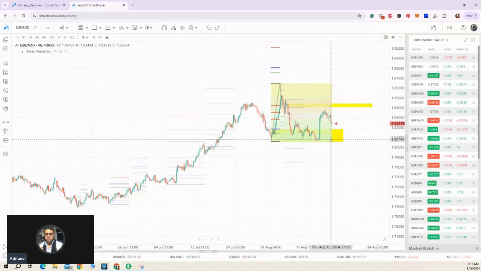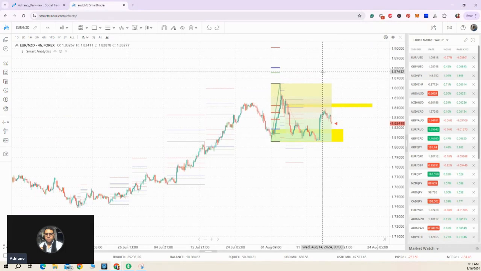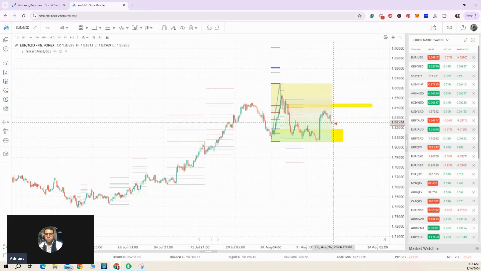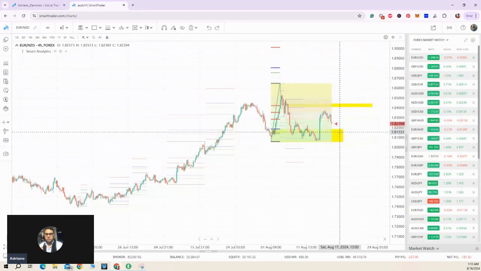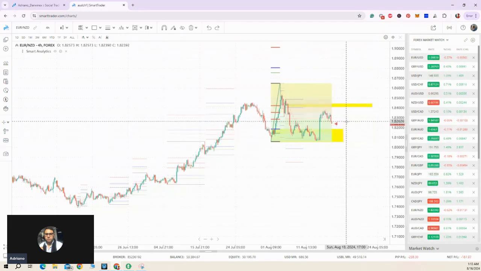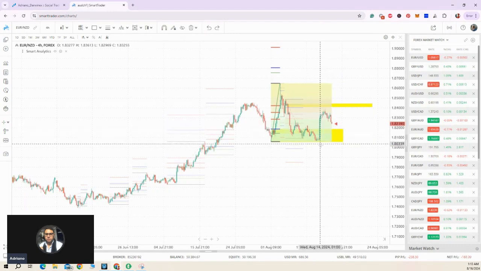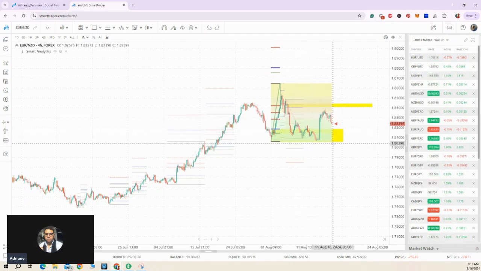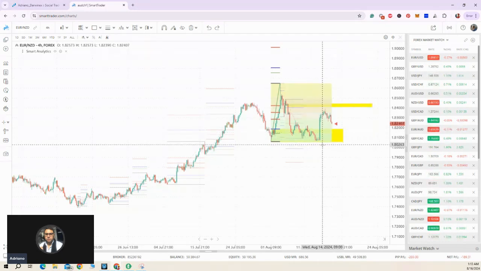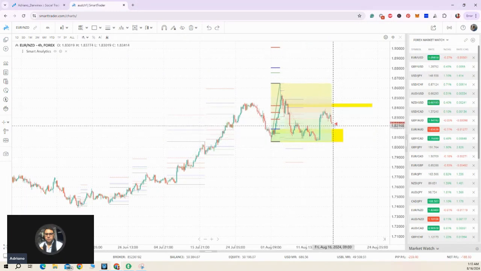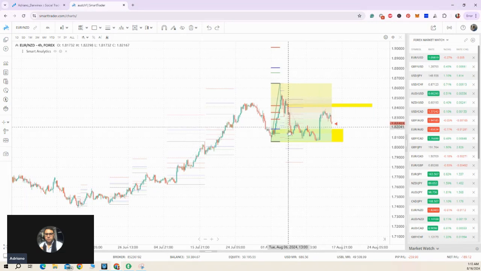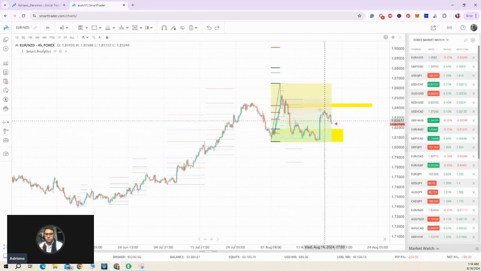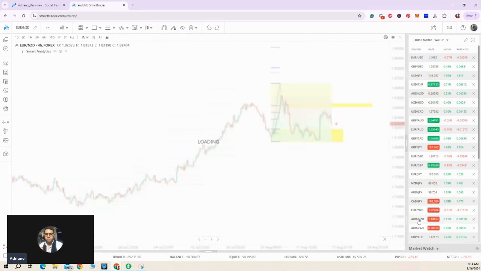But this market can go all the way up to the green line. It doesn't look like it's going to do this. I think this is going to break the low here, but let's see. I'm going to pass on this trade for now. I'm not interested in taking this one.